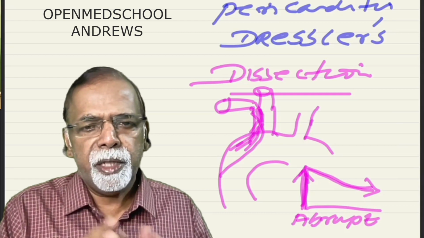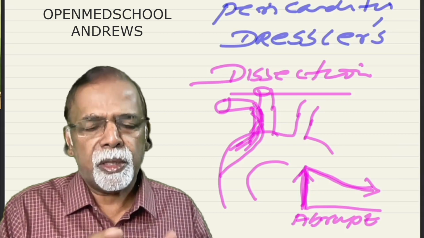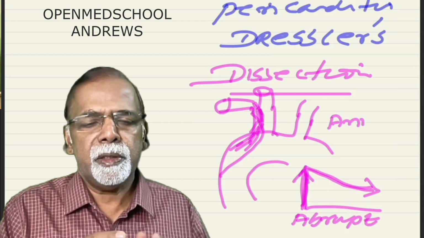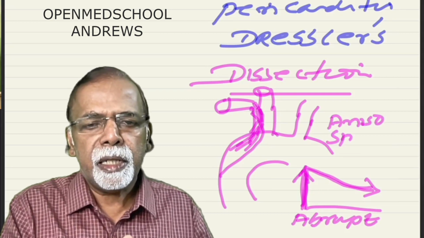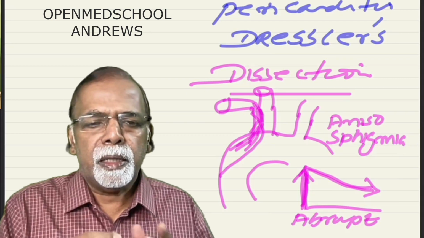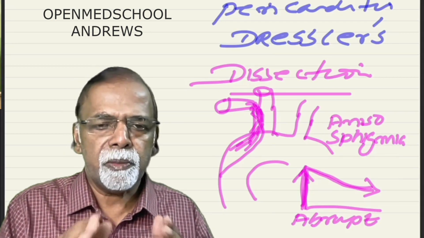The difference in the BP between both upper limbs can occur, it is called anisosphygmia. Usually the right radial artery pulse will be weak and the left will be present. So it is important, when you are examining, to examine both pulses.